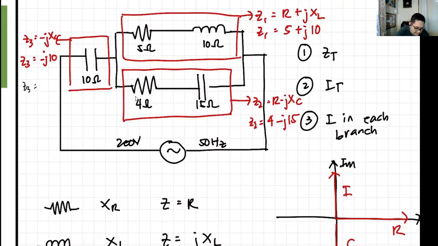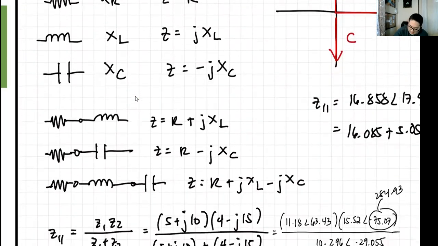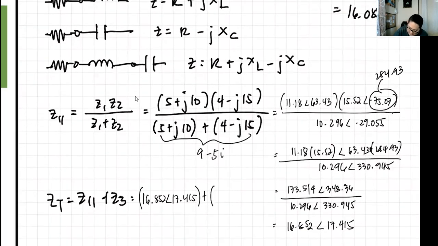So sa polar niya ay 10 angle negative 90. So that is, nasa directed siya dito, so 270. 10 angle 270. So add lang natin. This is 26.852 angle.